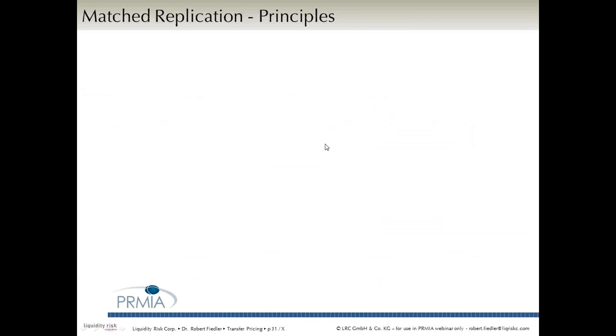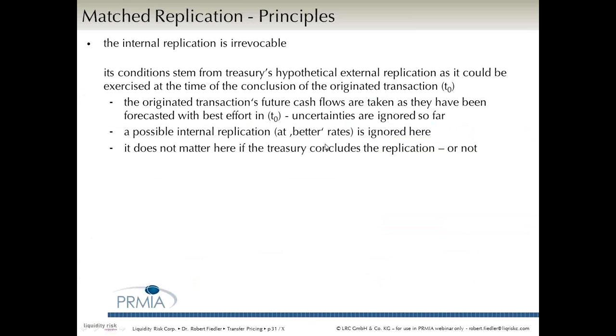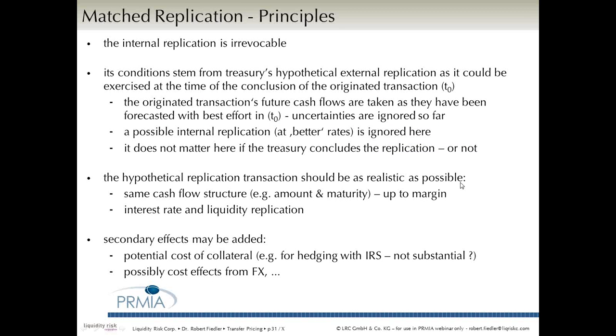Okay, what are the match replication principles? First thing, it's irrevocable. It stems from the Treasury's hypothetical external replication, as it could be done at the time of the origination. Here, it assumes that the originator's transactions' future cash flows are taken as they have been forecasted with best effort in T0.